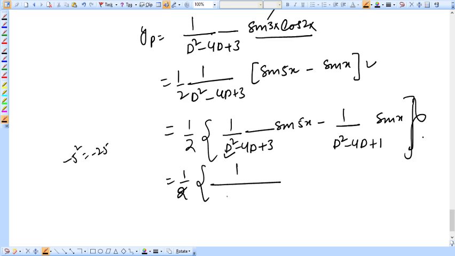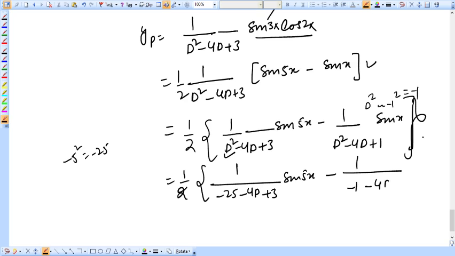So minus 25 minus 4d plus 3 sin 5x minus, okay, in this we are going to replace d square by minus 1 square, which is equal to minus 1. Okay, so minus 1 minus 4d plus 1, right? So minus minus cancel, minus plus cancel, and we are left with this only.